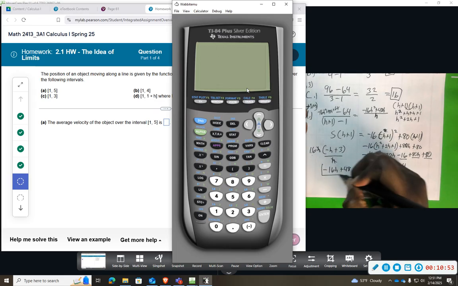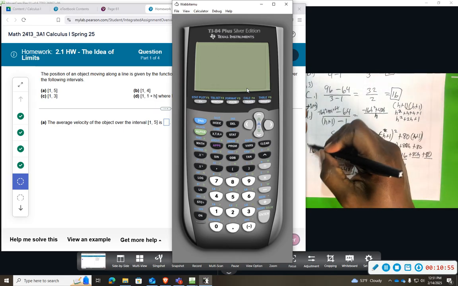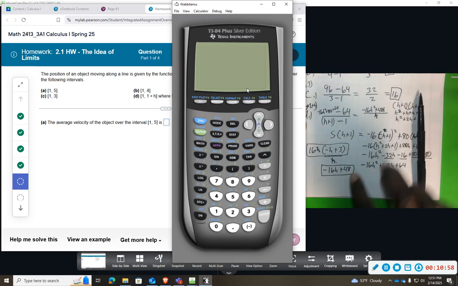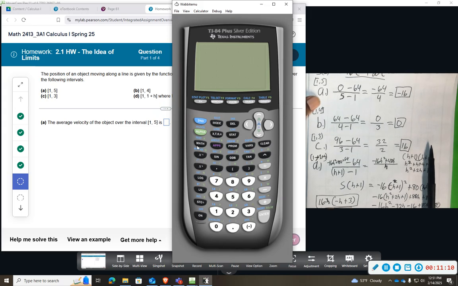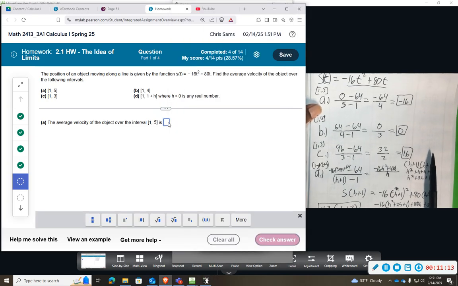Okay, either one of these should be satisfactory, the factor form or the linear form. And so this form we could use to find any answer no matter what we plug in for h. So we are looking at the slope for the first one, negative 16.